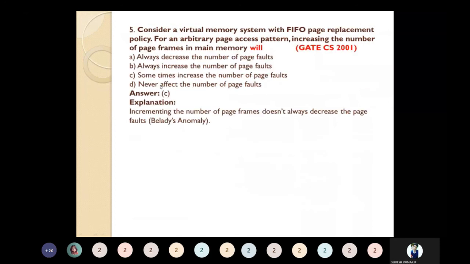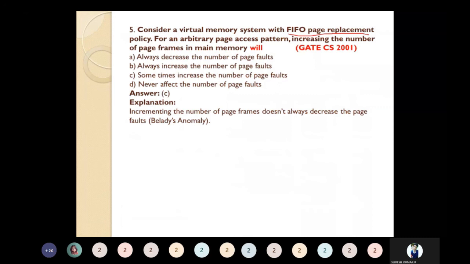Right. So next, this is also an MCQ question. Consider a virtual memory system with FIFO page replacement policy. For an arbitrary page access pattern, increasing the number of page frames in main memory will... So here the question is also about the FIFO replacement algorithm.